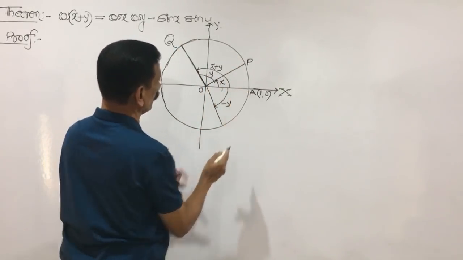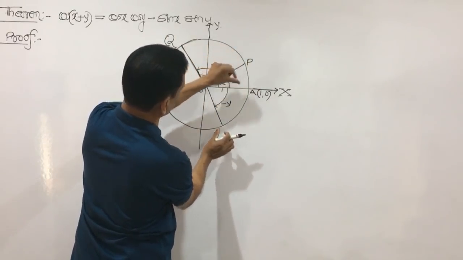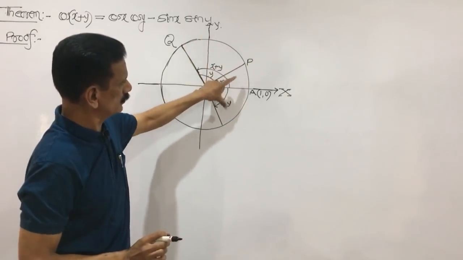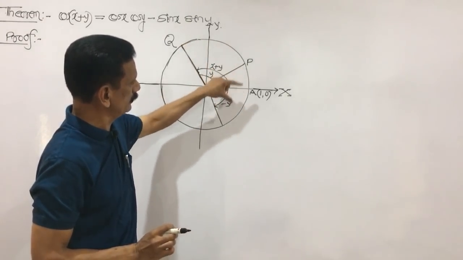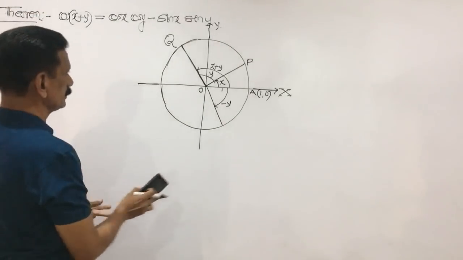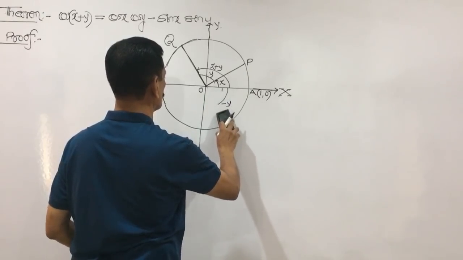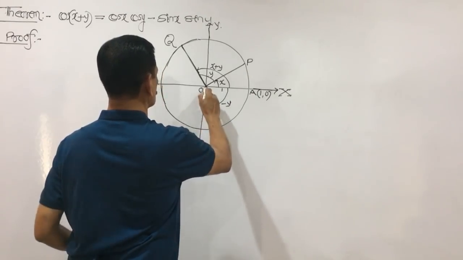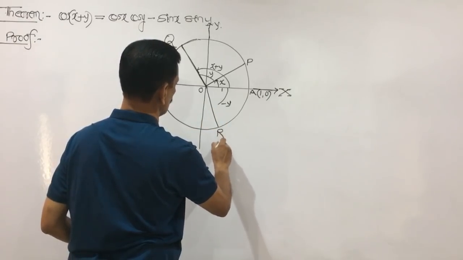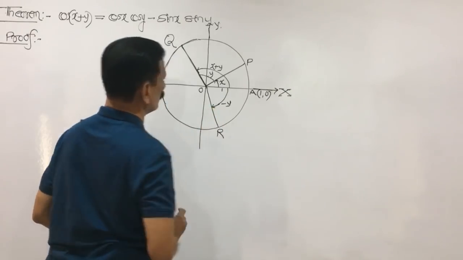Whatever this y, the same is y here. So this PQ is same as the arc to the point R. I will extend that a little so that it appears. So this point is R, I take here R. So this angle is minus y.